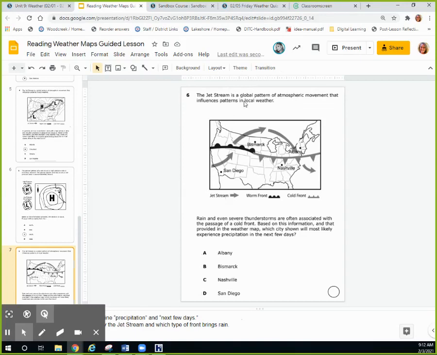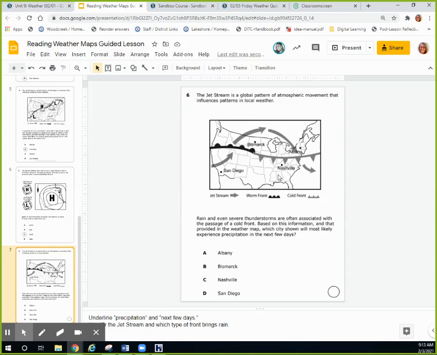Okay, so last question. The jet stream is a global pattern of atmospheric movement that influences patterns of local weather. So I can see the jet stream blowing again from west to east. I see a warm front that's moving north because the symbols are pointing north. And I see a cold front that is pointing south.